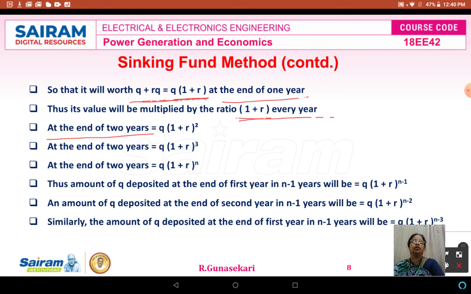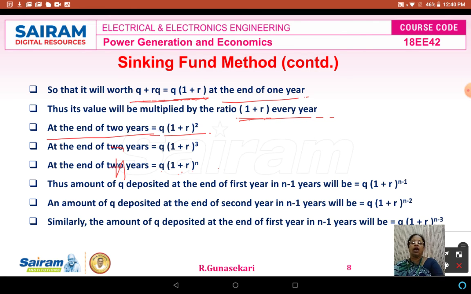So therefore q into 1 plus r multiplied by 1 plus r, that is equal to q into 1 plus r the whole square. Similarly, we can calculate at the end of the 3 years q into 1 plus r the power 3. At the end of the n years, that is q into 1 plus r the whole power n only.